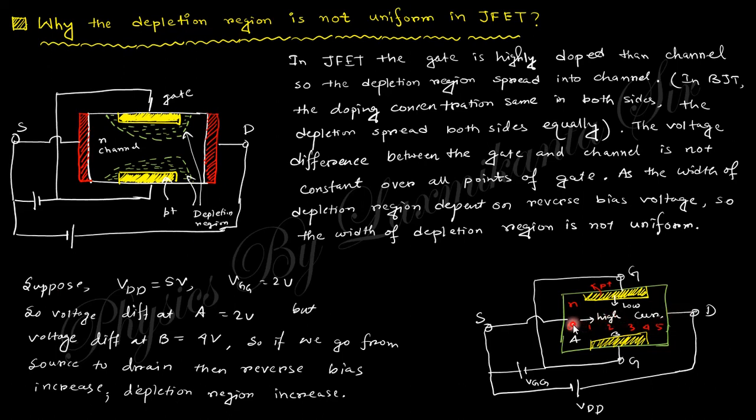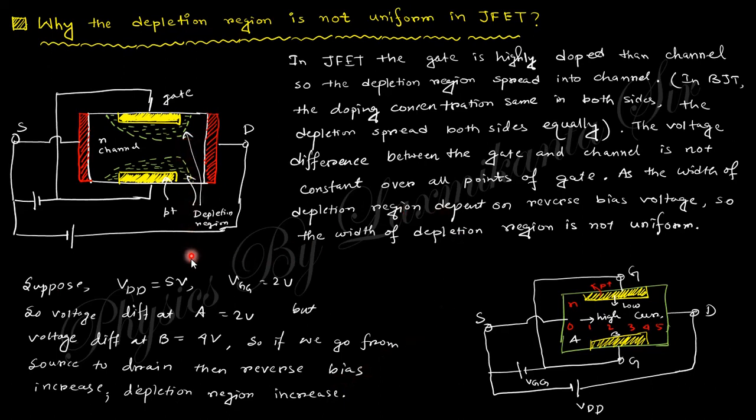So you can see, if you go from source to drain, the potential difference between these two regions will be increased. That means the reverse bias voltage increases, and with increasing reverse bias voltage, the width of the depletion region also increases. That's why if you go from source to drain, the width of the depletion region will be increased. Clear?